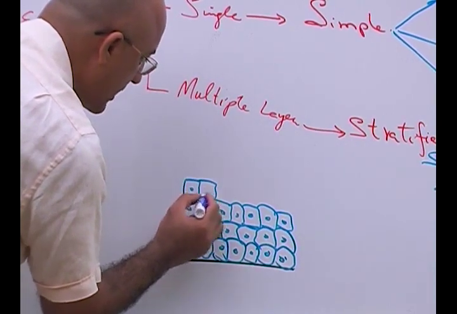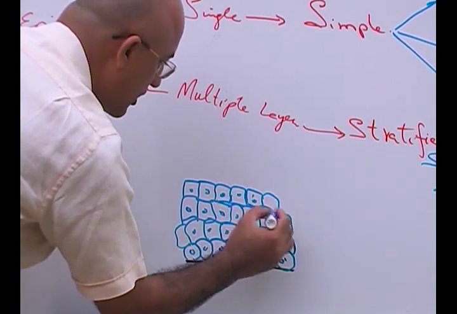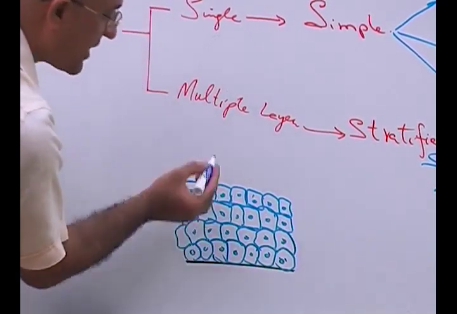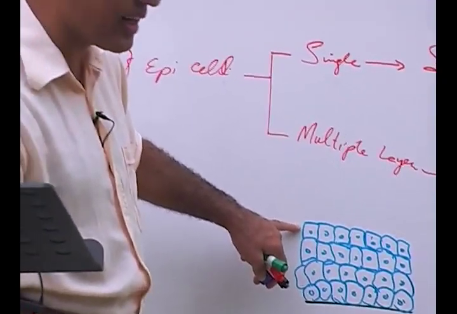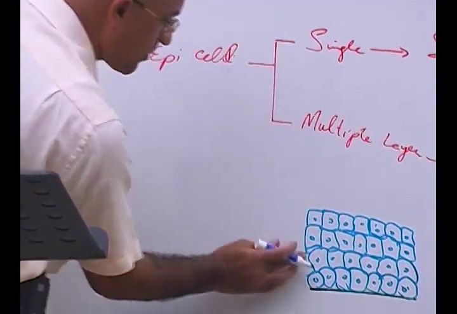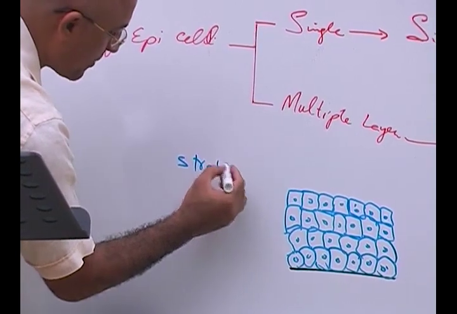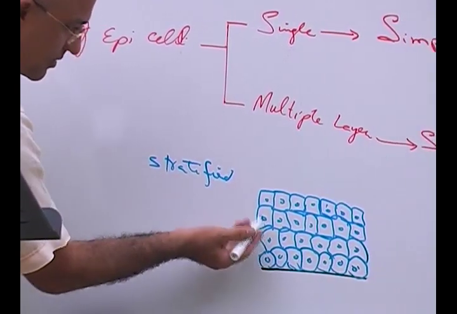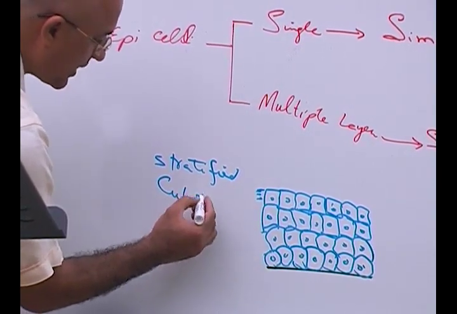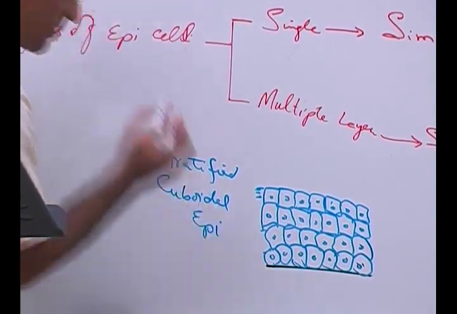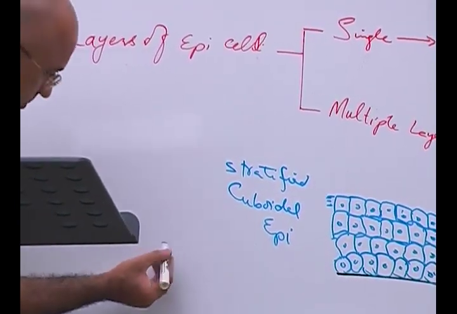Yes, these are cuboidal cells, and because all cells are not resting on the basement membrane and it is multi-layered, it is stratified epithelium, and as the top layer is cuboidal, we call this stratified cuboidal epithelium, because you have to look at the top. Is that right?